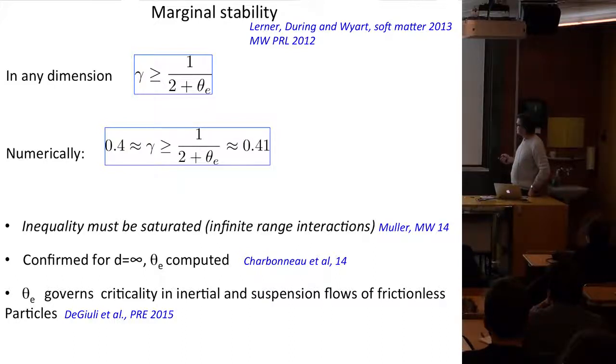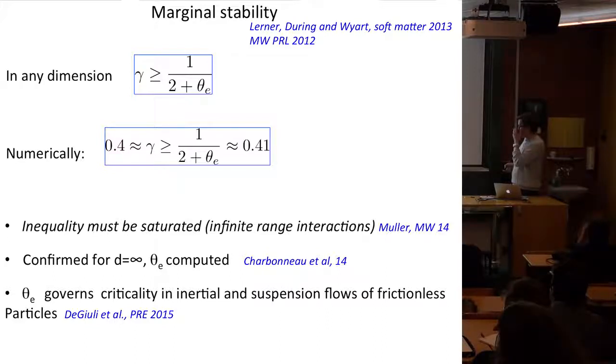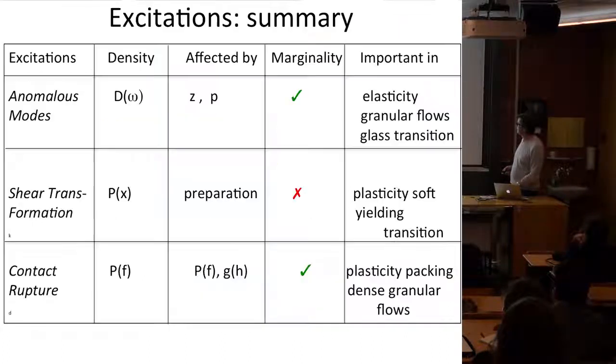And the last thing to say about that is that we think that an entire quantitative theory of inertial flows and suspension flows can be written in terms of this theta e, and it predicts all the exponents of the problem, and it seems to work very well. But I will not talk about it because I think Eric at the last meeting spent 30 minutes talking precisely about that. Okay, so that was in some sense where I wanted to conclude.